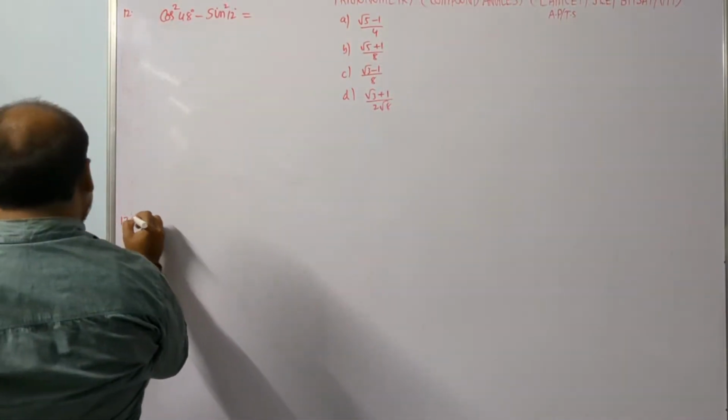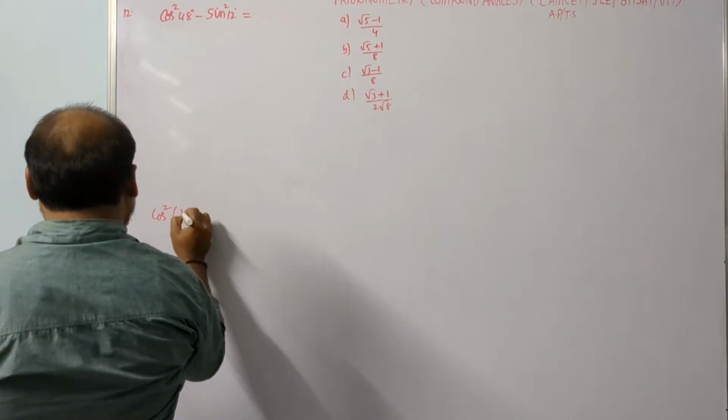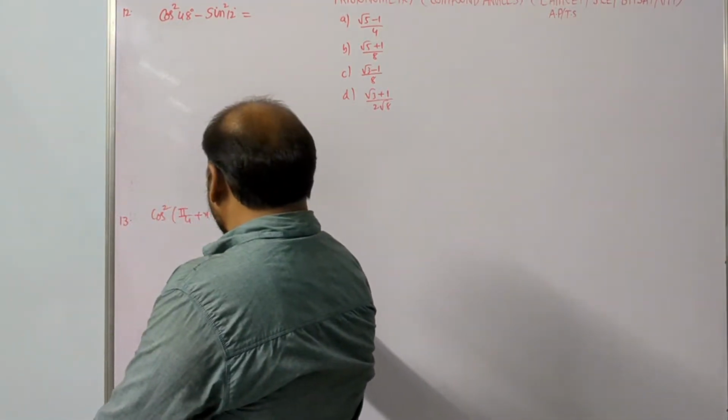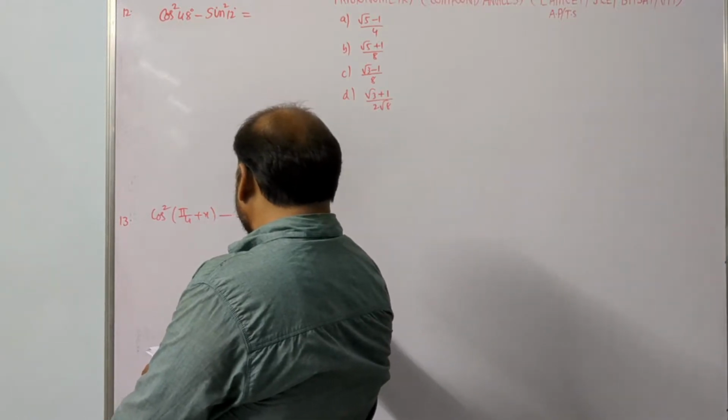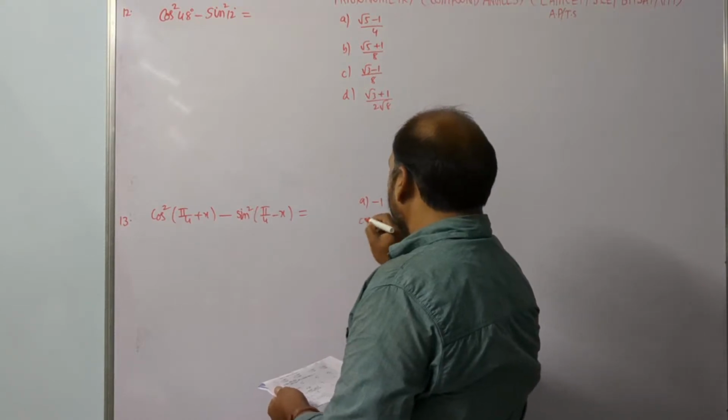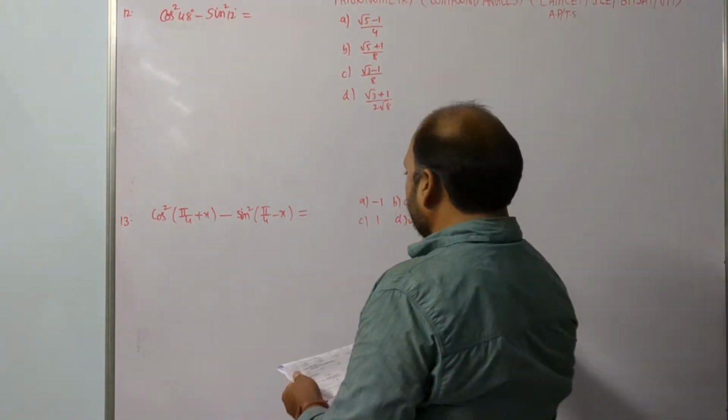Next question number 13. Cos square of pi by 4 plus x minus sin square of pi by 4 minus x is equal to, options minus 1, 0, 1 and 2.